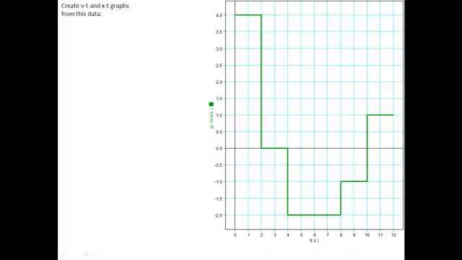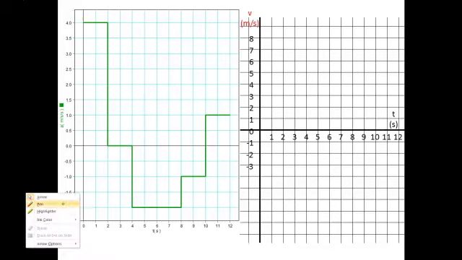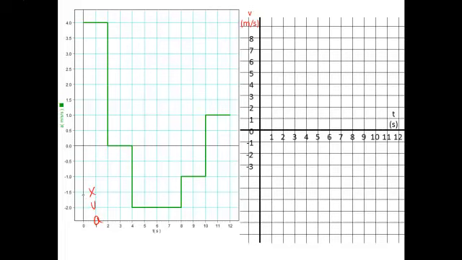All right, now what we need to do is draw a velocity time graph and a position time graph from this acceleration time graph. So what we'll do is we'll start this off by looking again at our mnemonic. Remember what our mnemonic says? Our mnemonic says that if we write it out XVA, if we go in this direction, we need the slope.